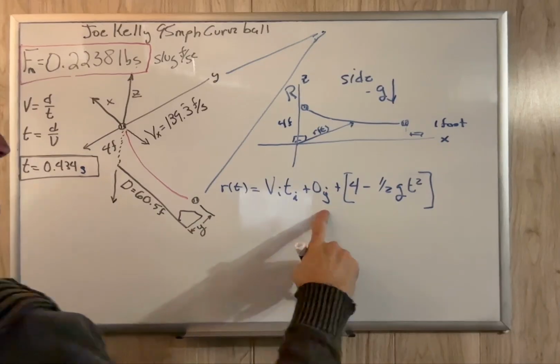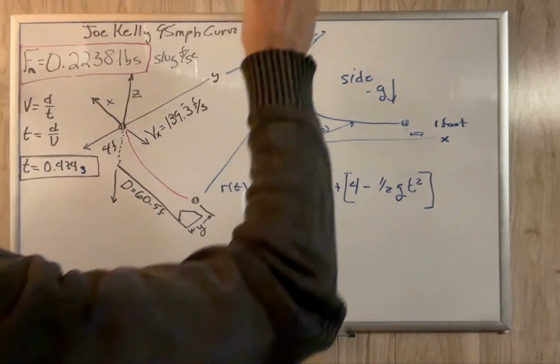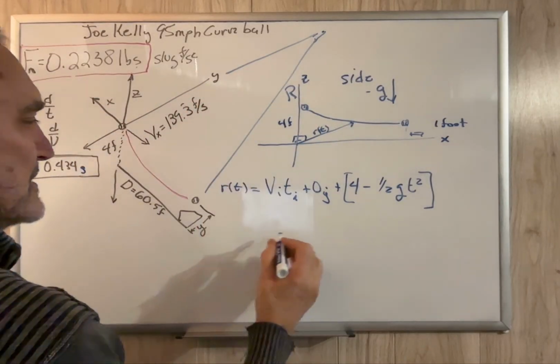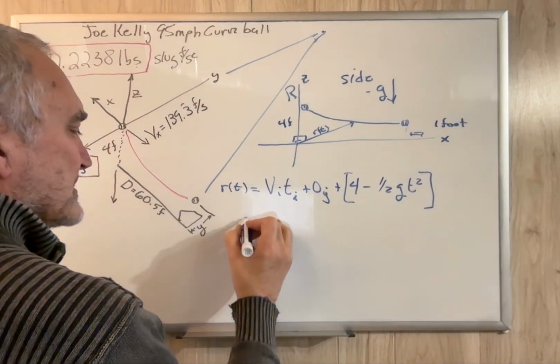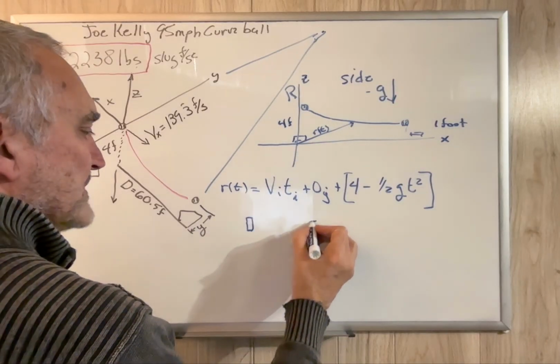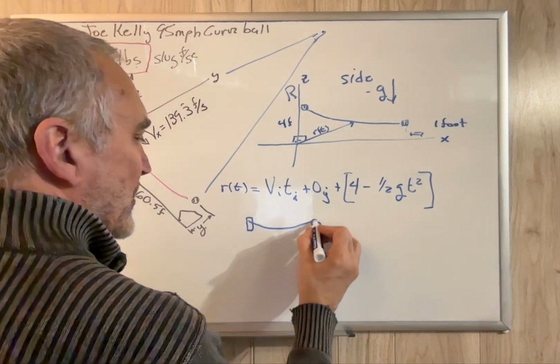All right, so we got that, but what about Y? Well, let's think about Y. If we look at it from the top, if we look down on this, we can see the Y movement. So if we look down on this, here's our pitcher's mound, and here's our home plate over here. You're going to see this sort of motion.